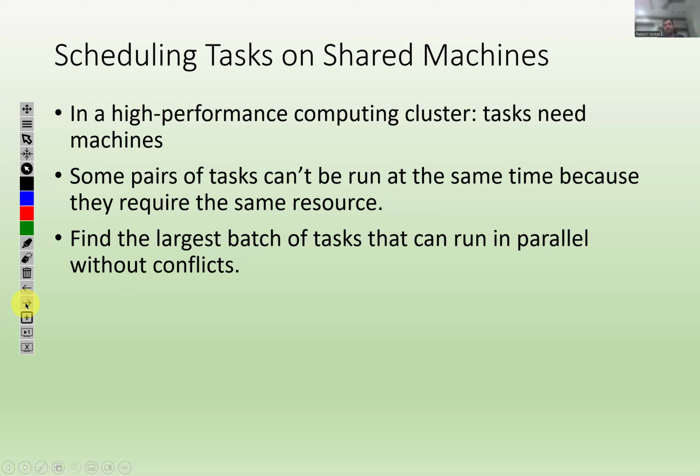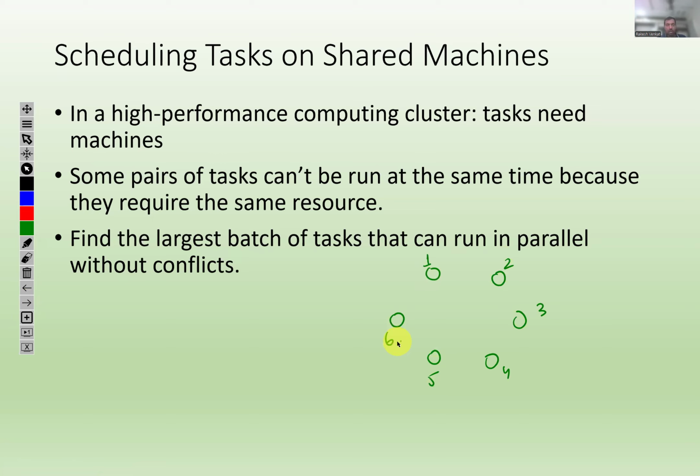So here's another seemingly unrelated problem or application that I'm also formulating as a graph problem. You've got a high performance computing cluster. The word doesn't matter. It's just that you have a set of tasks and a set of machines. So here are my tasks. Let me label the tasks.